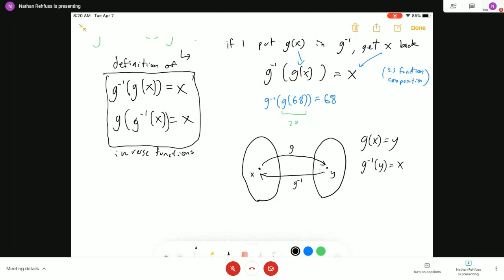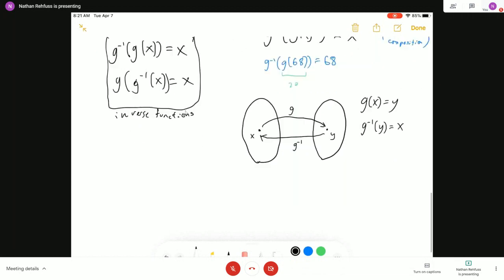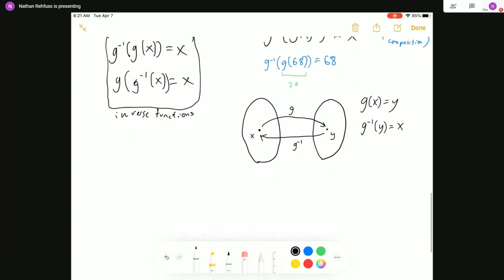If I take x, I plug it into one and then into the other, we're back at x. If I take y and I plug it into one and then into the other, we're back at y. So that's these two parts of the definition here. But another consequence of this is if x came from the domain of G, then that means y must be in the range of G.